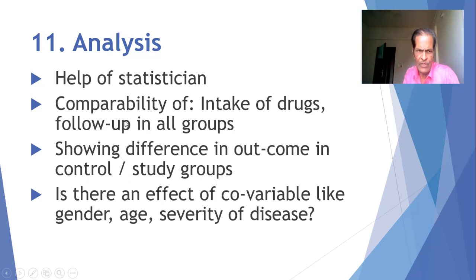So the ultimate objective is to show the difference in the outcome in the study or the experimental group and the control group. But before that, we must show the comparability of the two groups with respect to the intake of drugs, the follow-up, and the other co-variables like gender, age, and severity of the disease.